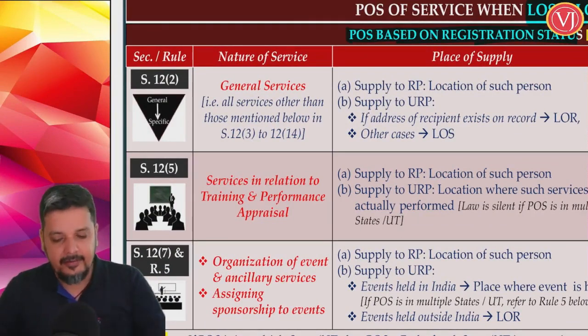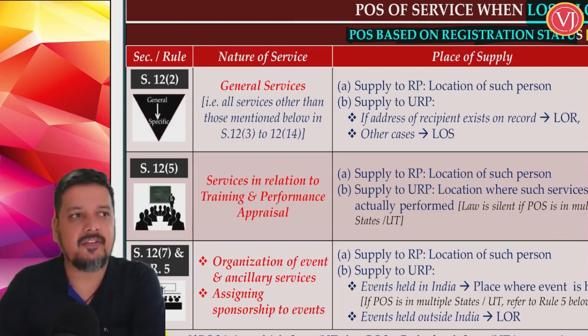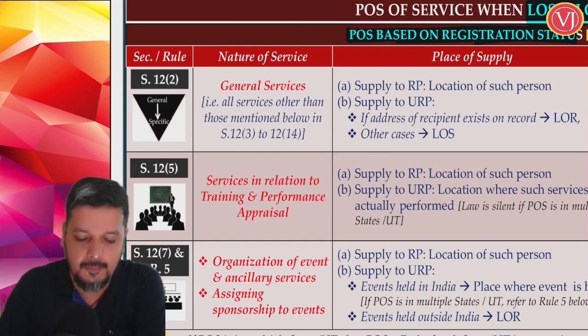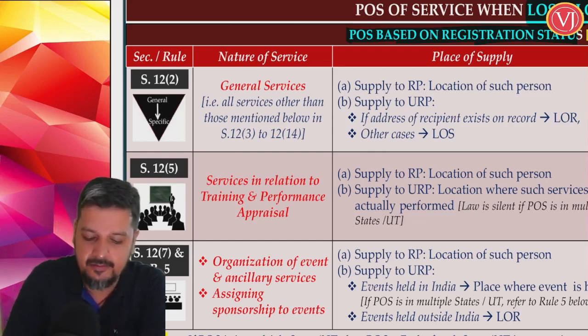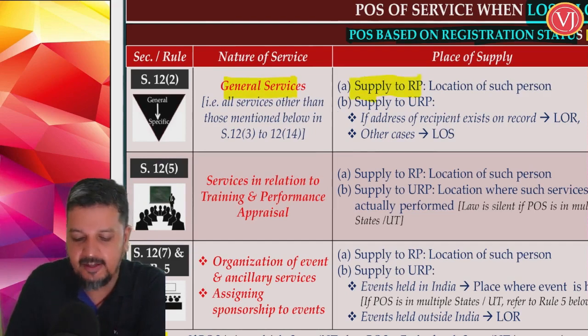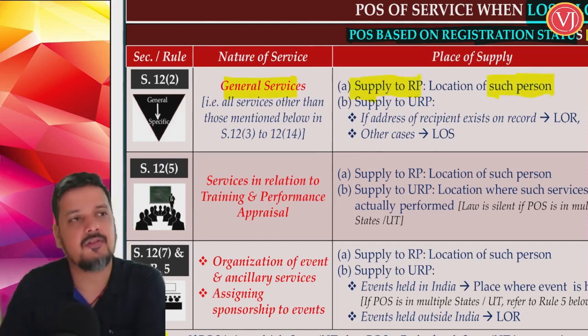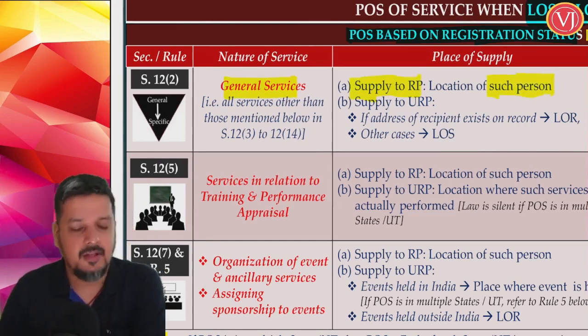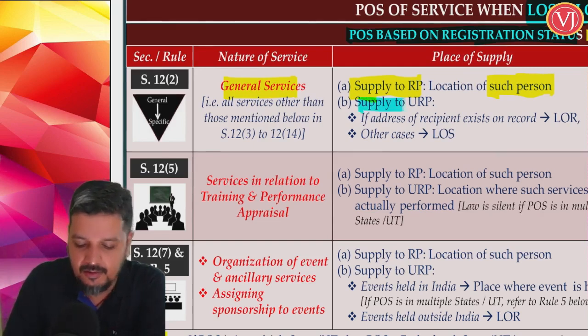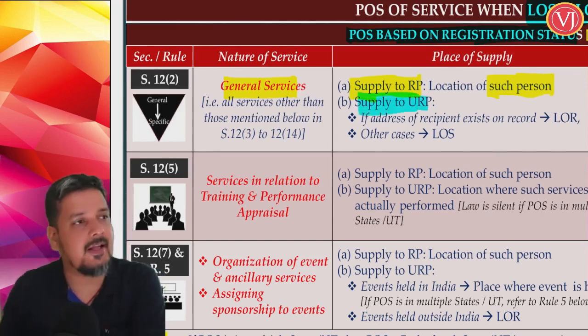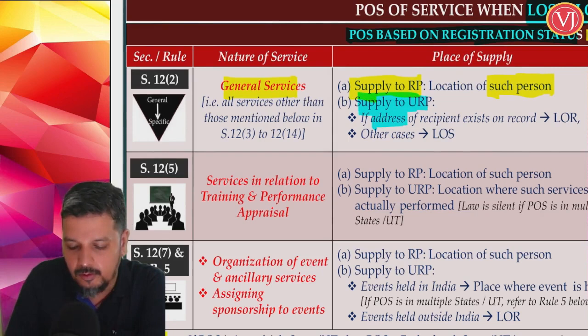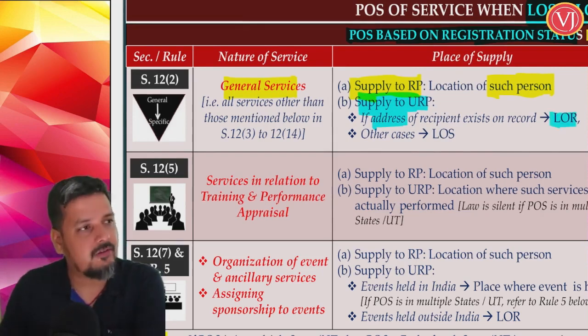So general case, what is the answer? If your customer is registered, I'll call it B2B. I'll not write it as supply to registered person. If it is a B2B transaction, location of such registered person. If it is a B2C transaction, if address is known to you on record, location of recipient.